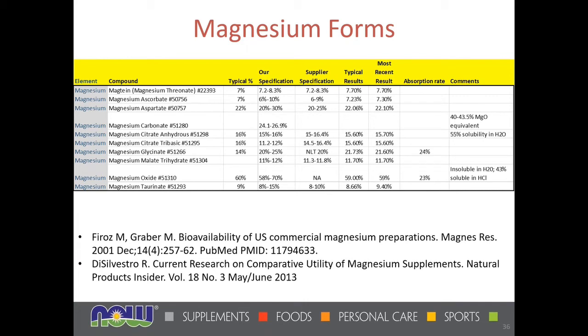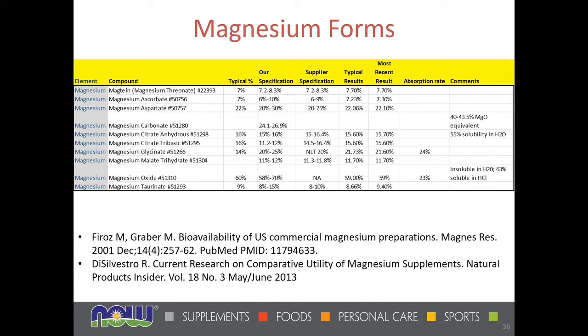Absorption rates, we don't have a lot of information on. We know the oxide and the glycinate, which are both forms that you find in supplements, have similar absorption rates.